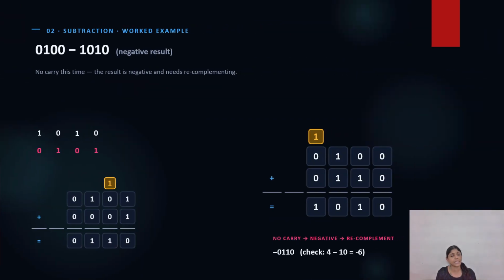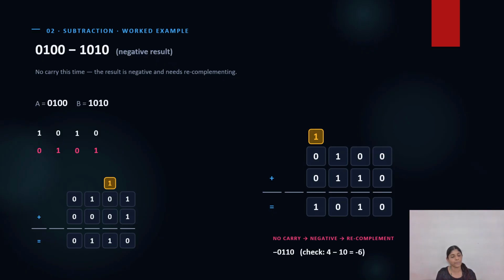In the negative result example, I have taken the value 0100 minus 1010. What is 0100? 4. What is 1010? 10. What is 4 minus 10? It is minus 6, so it is a negative result. We will see whether we get that same result in the binary representation also. As usual, write A equal to 0100 and B equal to 1010.